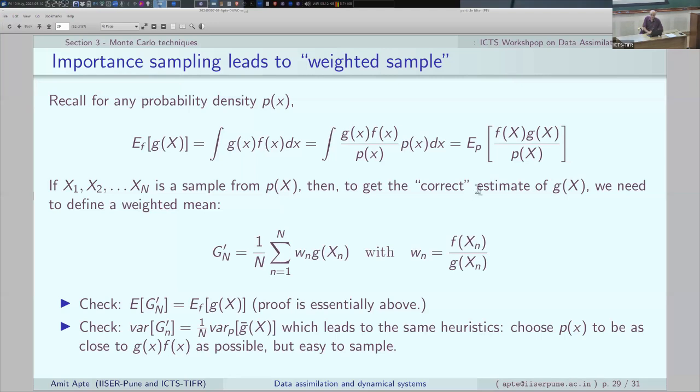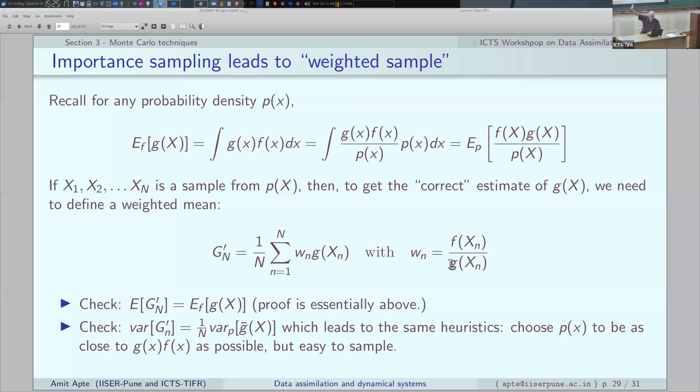But in order to get a correct estimate of the expected value of g of x, we need to define a weighted mean, because remember that factor f divided by g that appeared. Sorry, the wn here should be f divided by p, not f divided by g.